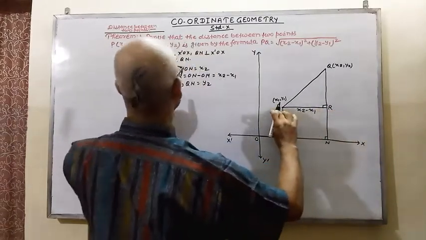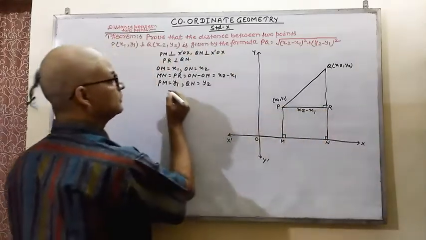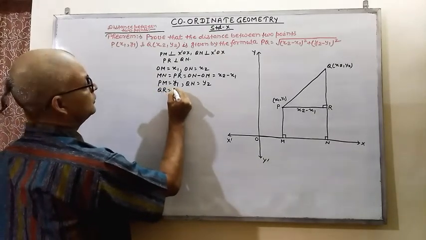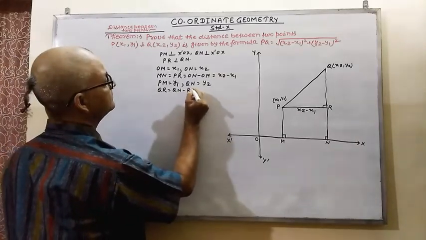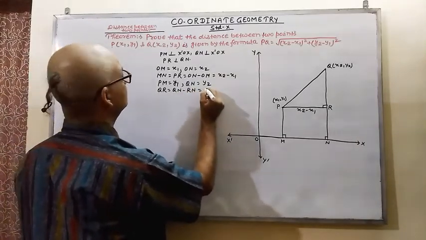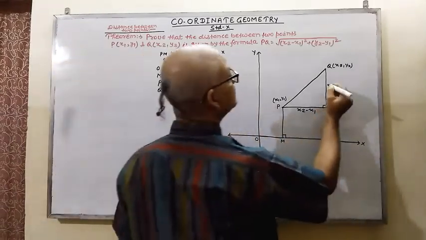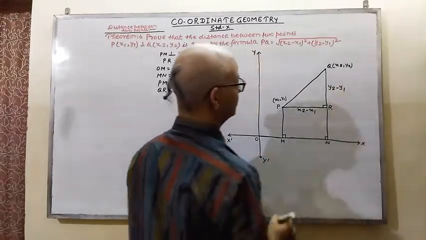So if PM is y1, it means this RN is also y1. So QR is equal to QN minus RN, and that is equal to y2 minus y1. So this QR is y2 minus y1.